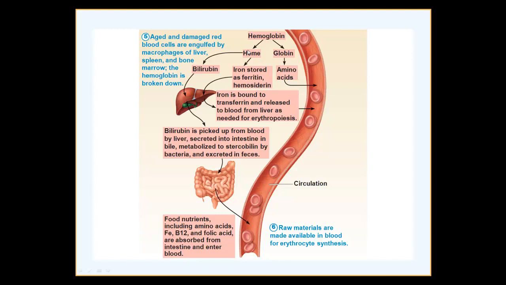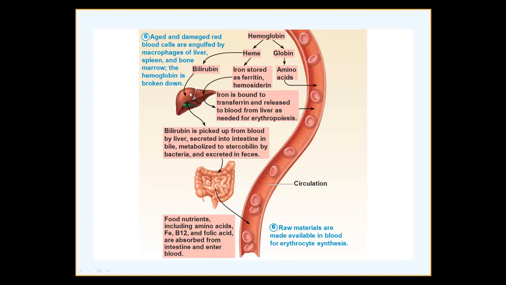Or you can quench that heme and store it as ferritin or hemosiderin, and then you can use that later on for the remake of red blood cells. The globin, on the other hand, will be broken into amino acids, and you can start using them over again.